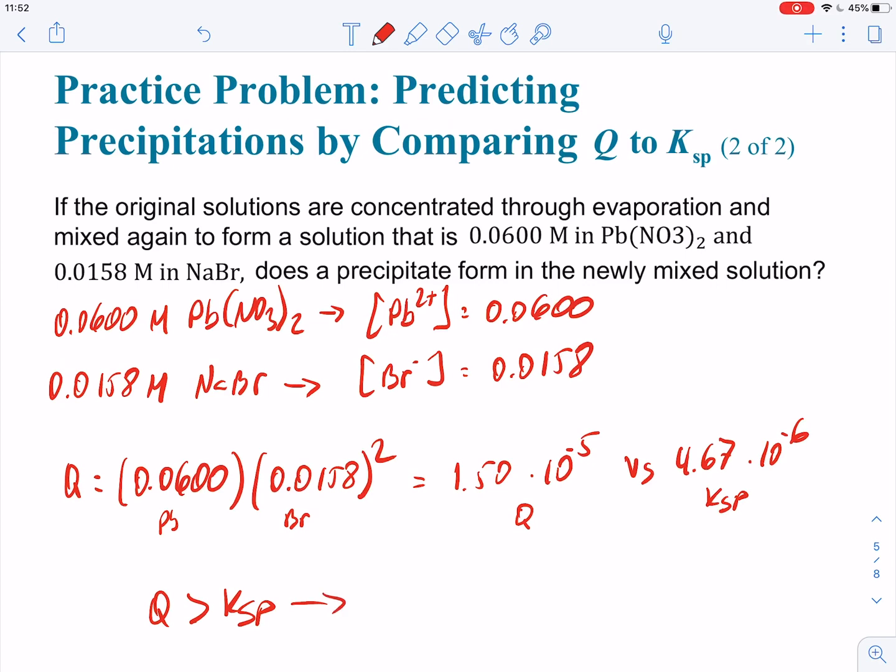Therefore, the lead bromide will precipitate. Under these conditions, with these concentrated solutions, the concentrations are high enough that you will observe precipitation. So just mixing two solutions in which you could obtain an insoluble solid doesn't mean that you will actually obtain the solid. It depends on the concentrations that you're starting with.